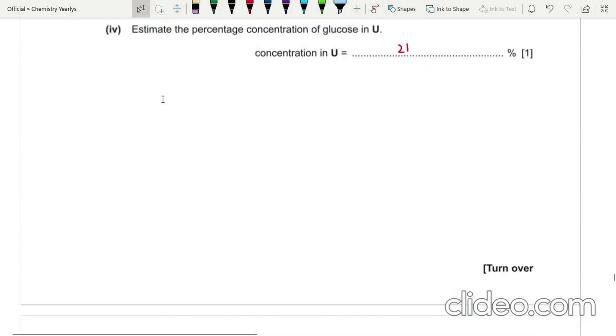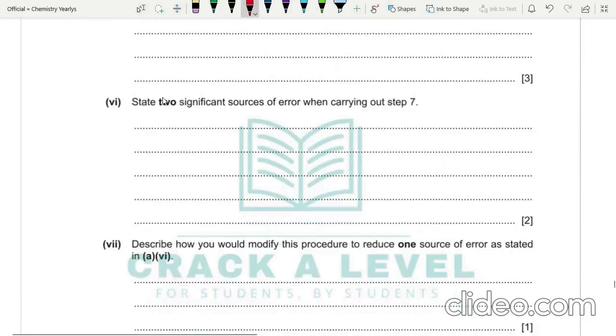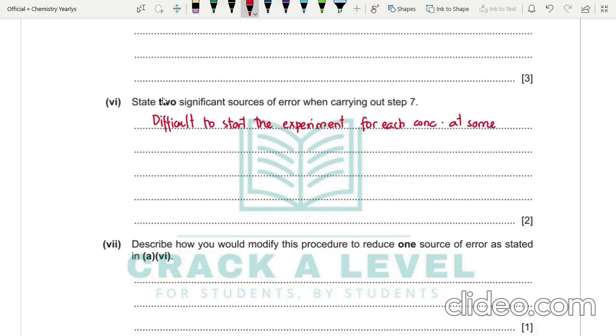So the significant sources of error in this will be that it is difficult to start the experiment for each concentration at the same time, and the other could be that it is difficult to determine the endpoint.